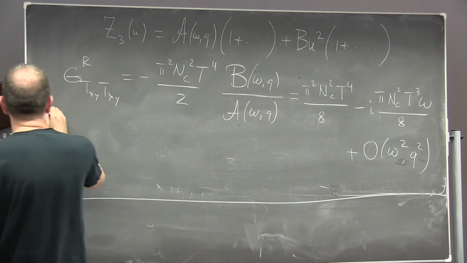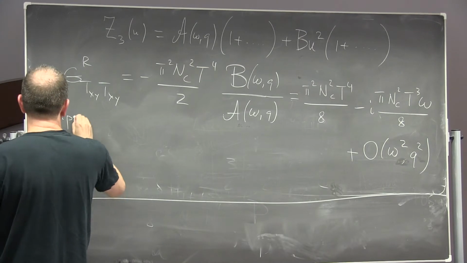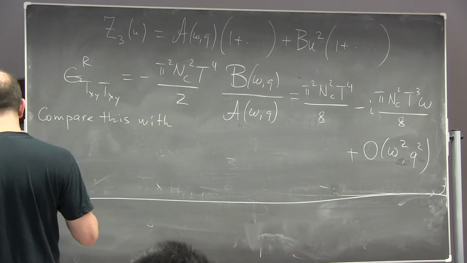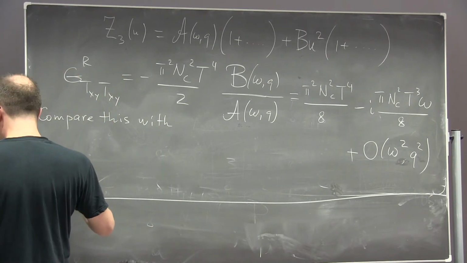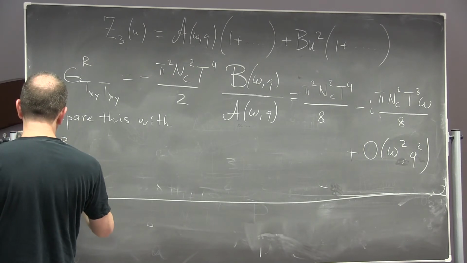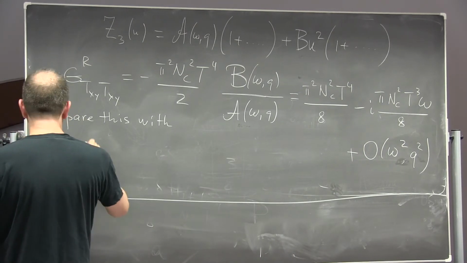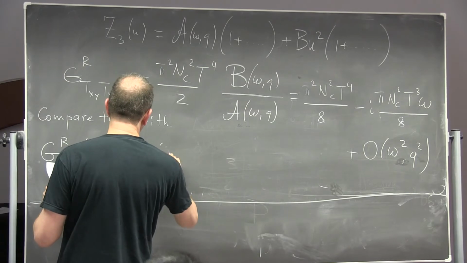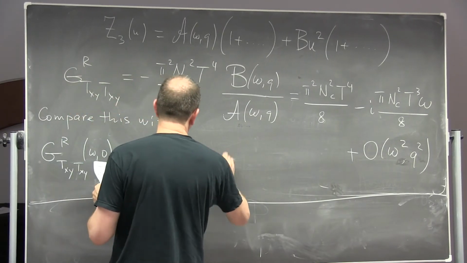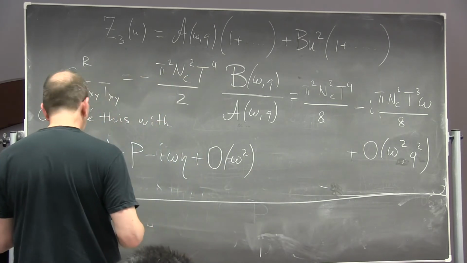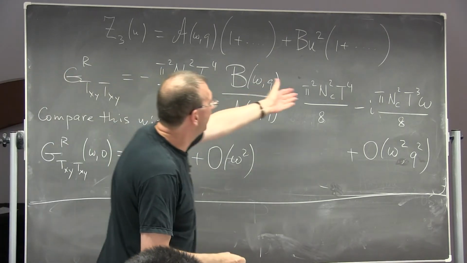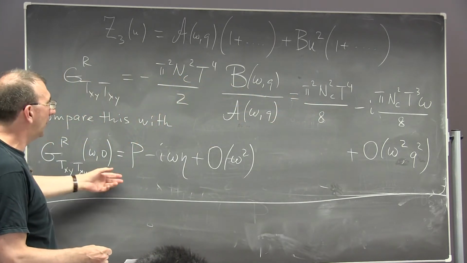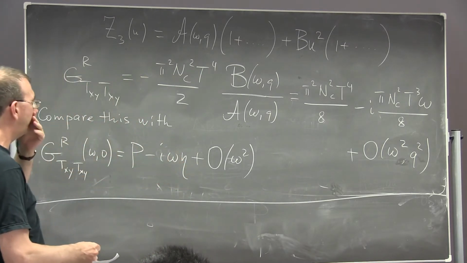Now compare this with the expression for the G retarded, which we had in the beginning of the lecture, and also yesterday and today in Guy's lecture. And this expression, I remind you, was pressure minus i omega shear viscosity plus higher terms in omega. So you compare, this is from gravity in the limit of infinite coupling, infinite Nc, and this is Kubo, or this is from hydrodynamics and quantum field theory.